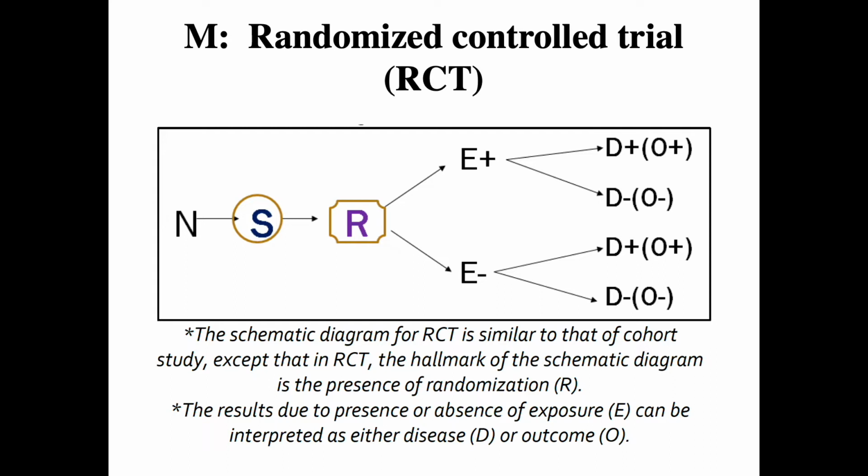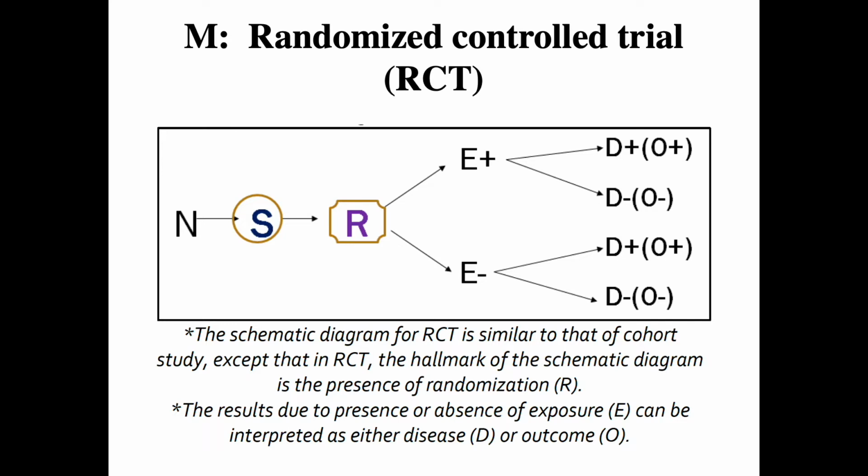So again, we have a study population to which we're aiming to generalize our results. We draw a representative sample from that population, and then we randomize the study participants in that sample to receive either intervention 1 or intervention 2. Then we follow them over time, prospectively, to see if they attained the outcome of interest, and we compare whether there are significant differences in the outcomes by the end of the study period.